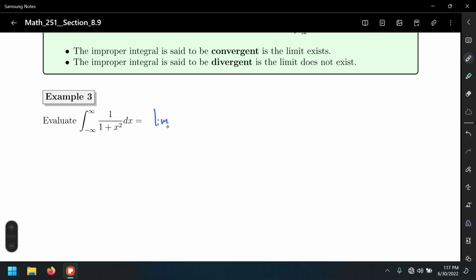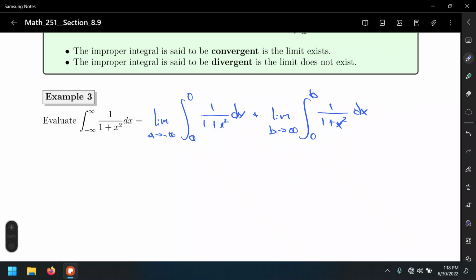Number one, the limit as a approaches negative infinity from a to 0, plus the limit as b approaches positive infinity, and in this case from 0 to b.